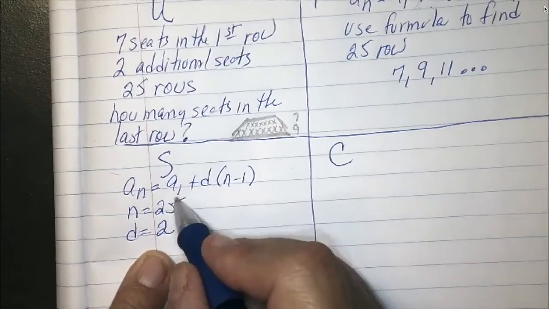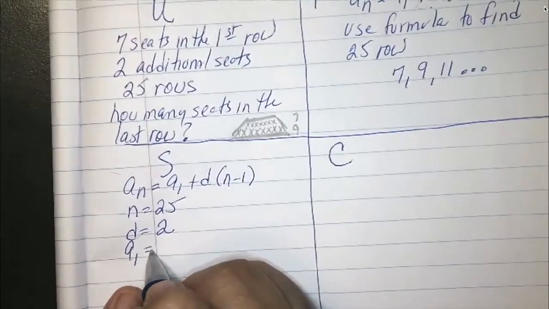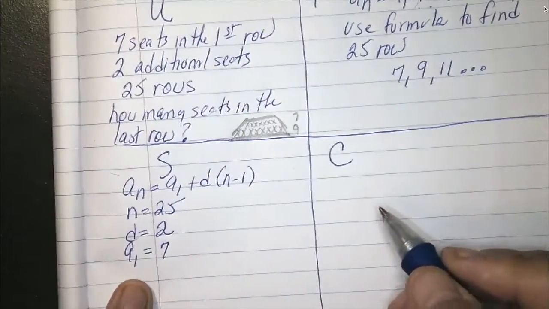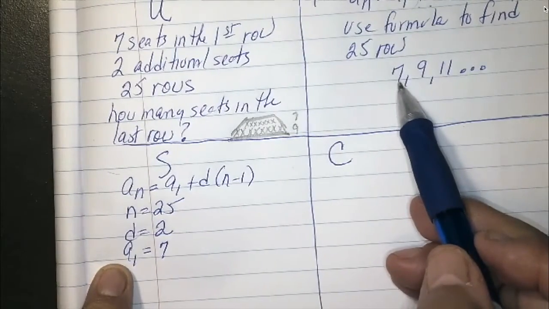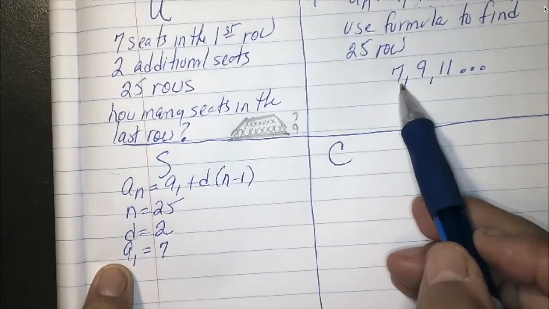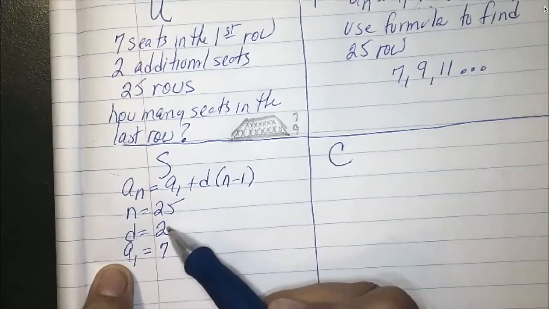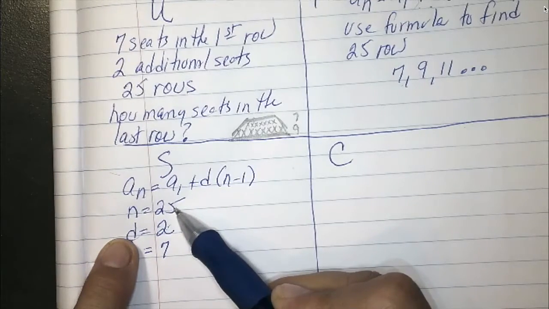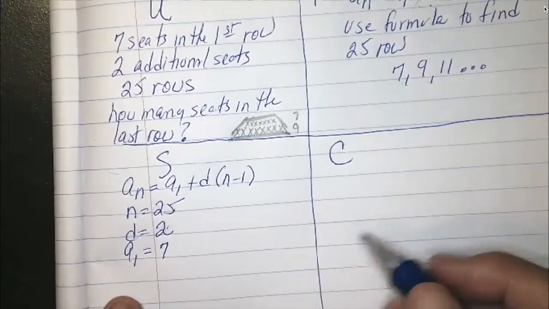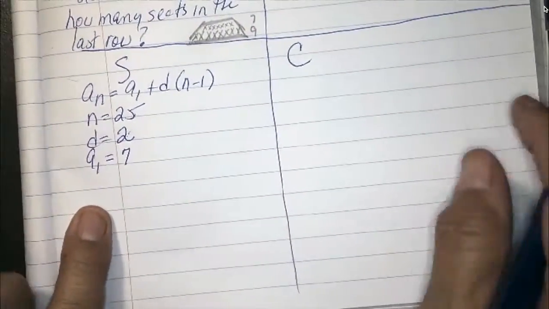And what else? A sub 1 is the first one, which is 7. So A sub 1 represents the first number in our sequence. The first row had 7, and then we added 2 to every row, so that's d, and we're looking for 25 rows. Okay, so let's go ahead and work out our problem.